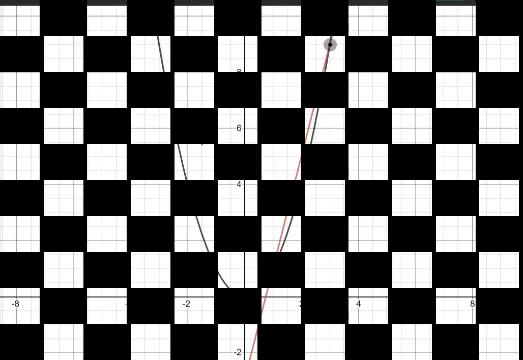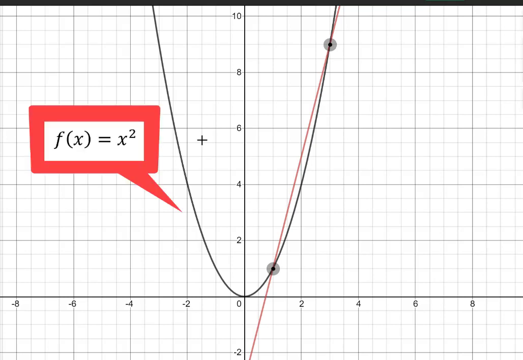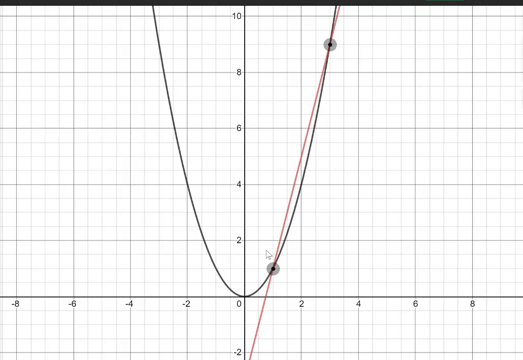So I have a function, and this is just your typical x squared function, your quadratic function here, and you recognize that with the parabola. And I have here a point on 1, 1, and let's say this is our P right there.